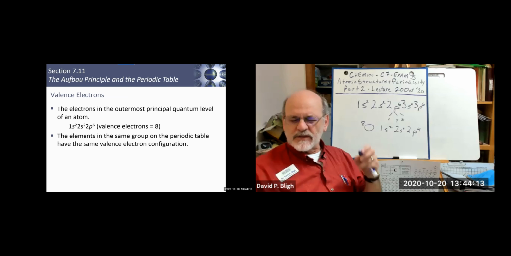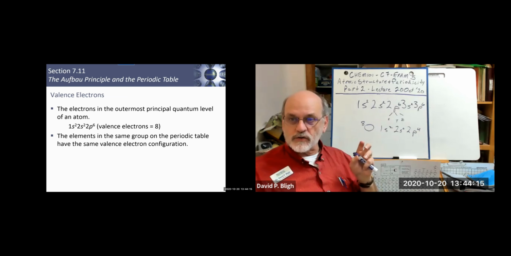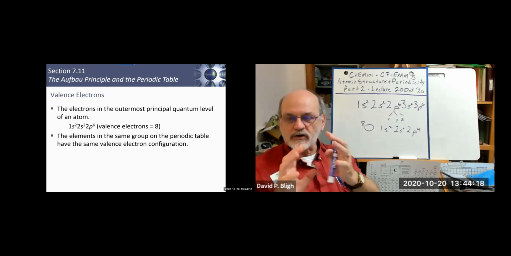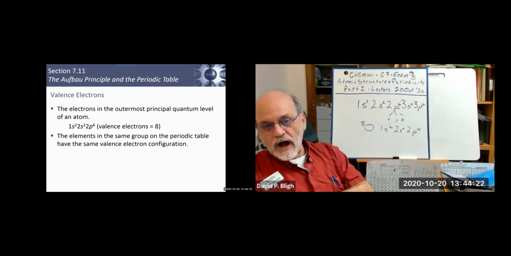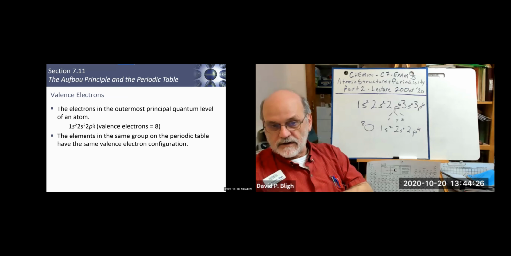Simply put, the valence electrons are those that are all in the same energy level, the same principal quantum number. So for oxygen, that's 2 plus 6, which is 8. So the valence electrons in oxygen are 8 in number.